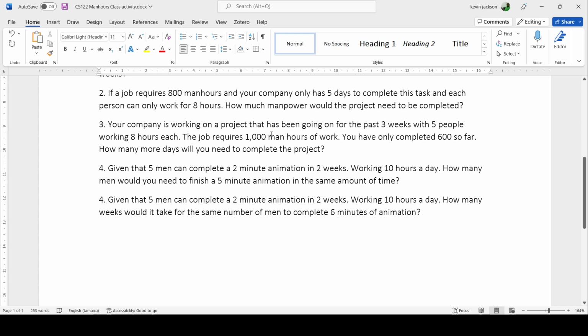The job requires 1,000 man hours of work. You have only completed 600 so far. How many more days will you need to complete the project? This comes in very handy when you might be running behind and you need to tell your client how many days it's going to take to complete this project.